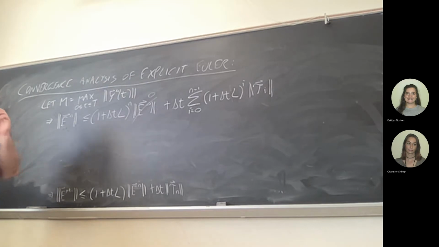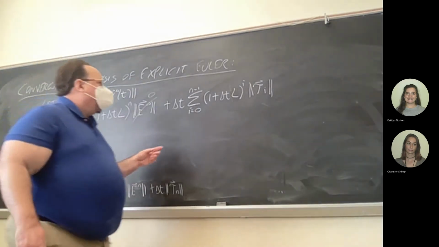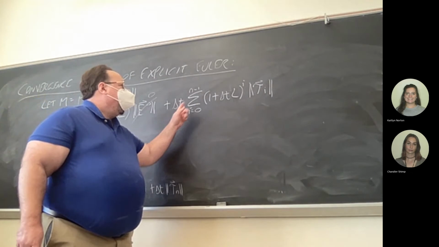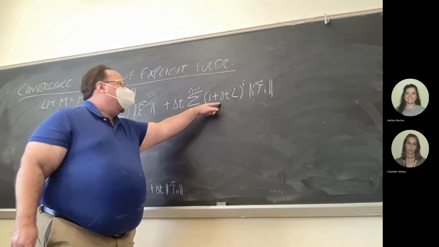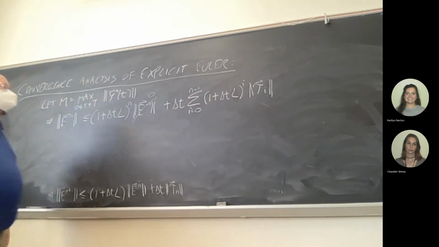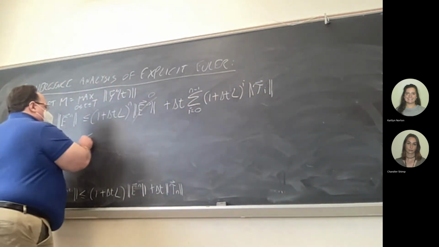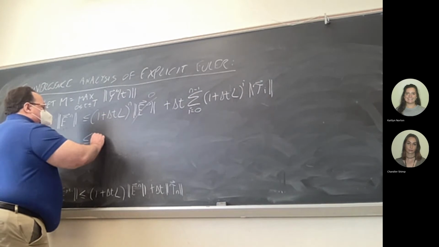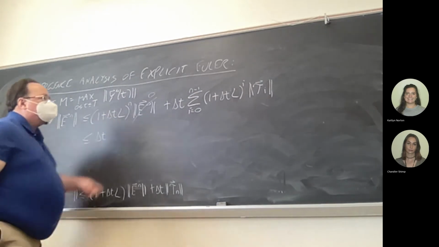Now, what we have here is a geometric progression. This is a partial sum of a geometric series, so we have a formula for that. We're still going to have ΔT, and then the local truncation error.